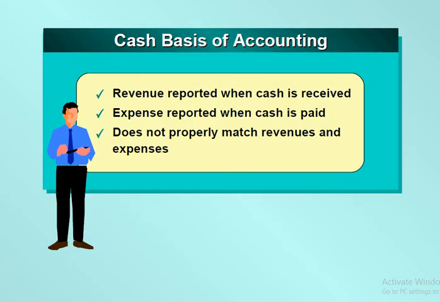Cash basis of accounting will record revenues when cash is received and expenses when cash is paid. It does not properly match revenues and expenses, right? Because only the cash aspect is recorded, only cash transactions are recorded.